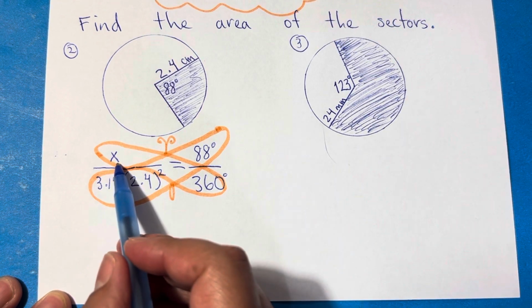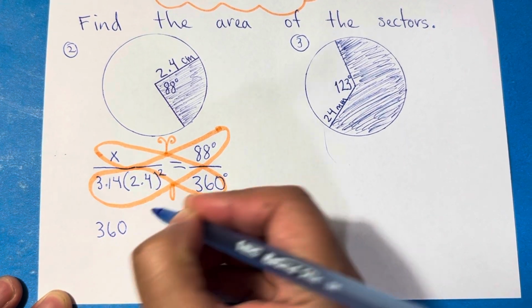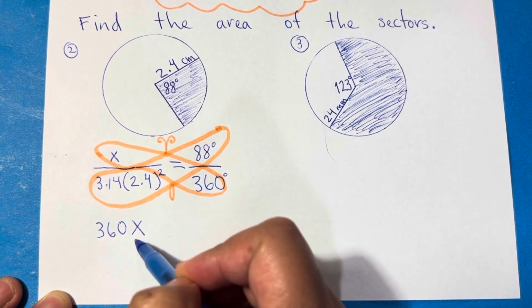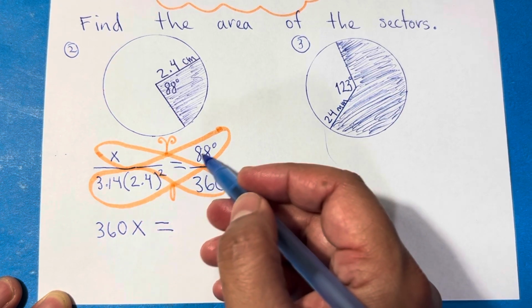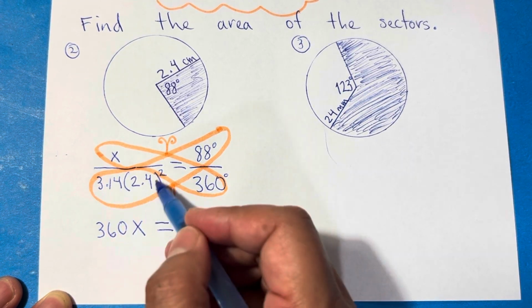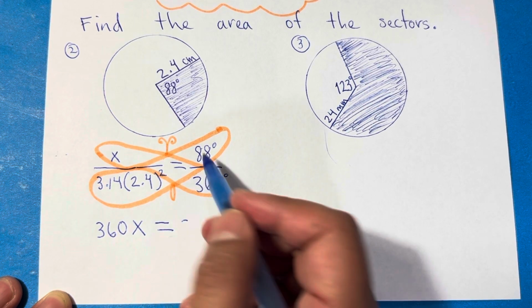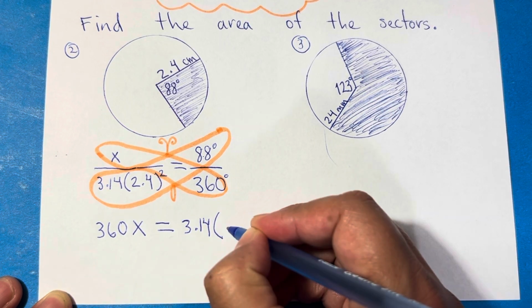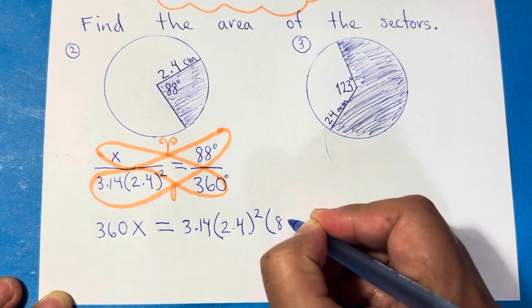And so x times 360 is 360x equals, and then multiply this wing: 3.14 times 2.4 squared times 88.